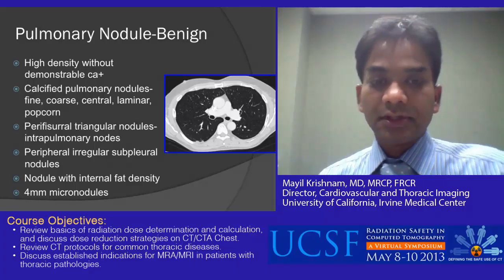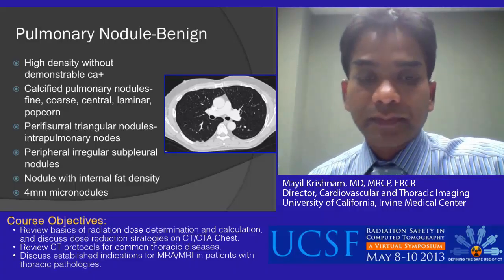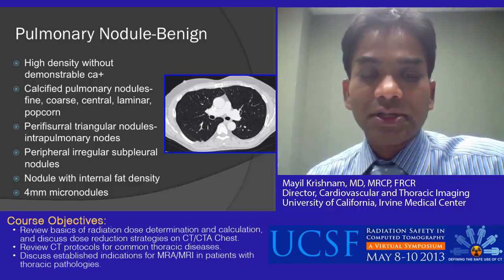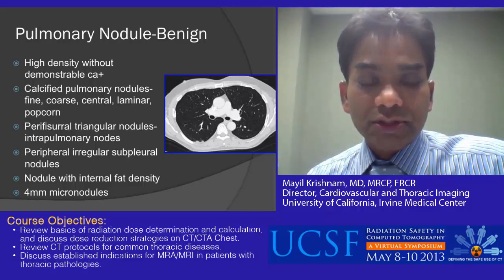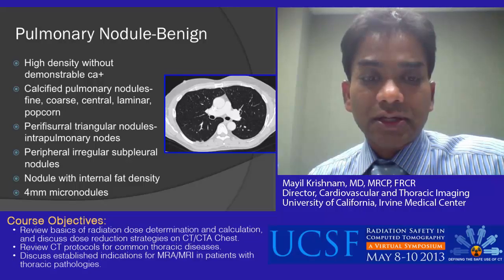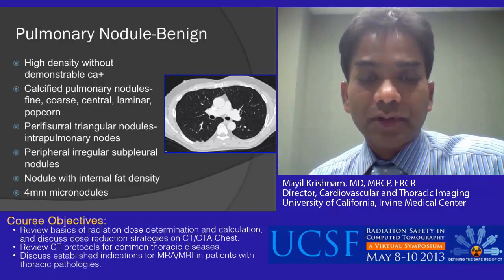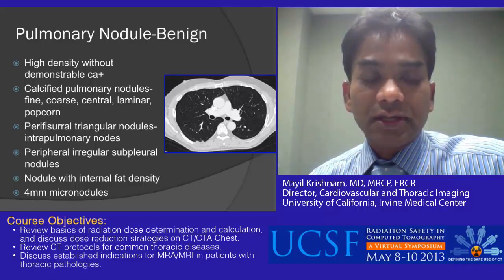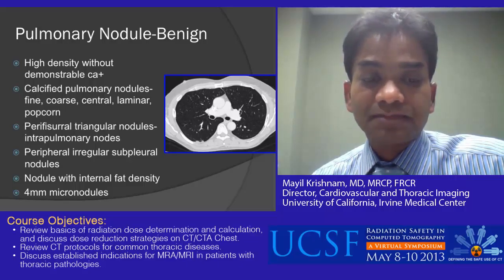Next slide. Pulmonary nodules. One of the reasons for doing multiple CT scans on a patient. I'd like to show some characteristics of pulmonary nodules that do not need further follow-up scans. A high-density pulmonary nodule without any demonstrable calcification does not need a follow-up scan.